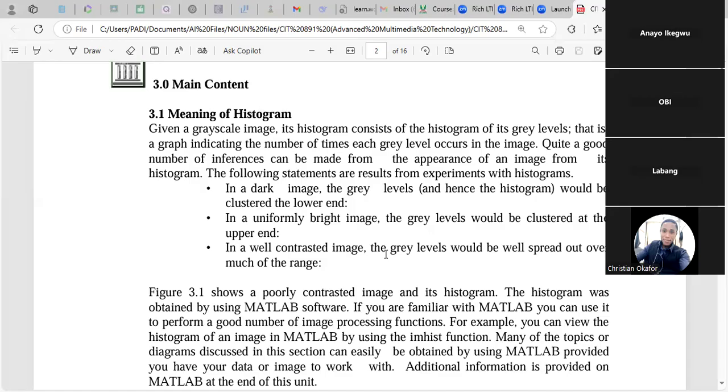Dark in complexion. The same way, you may take some colored pictures, but you can change them to grayscale or black and white.